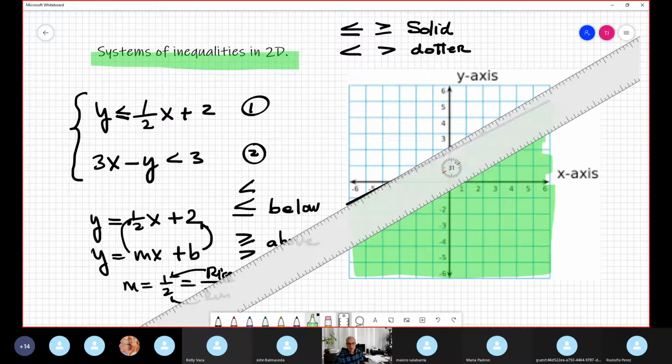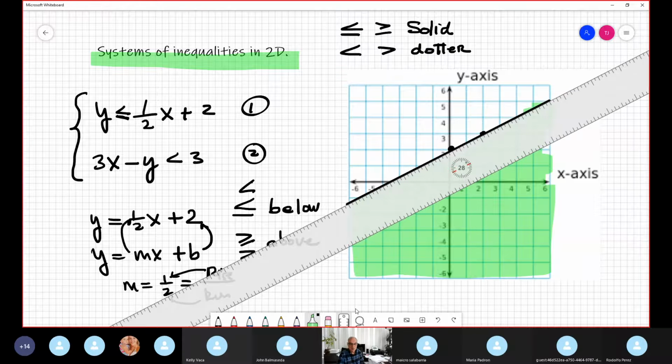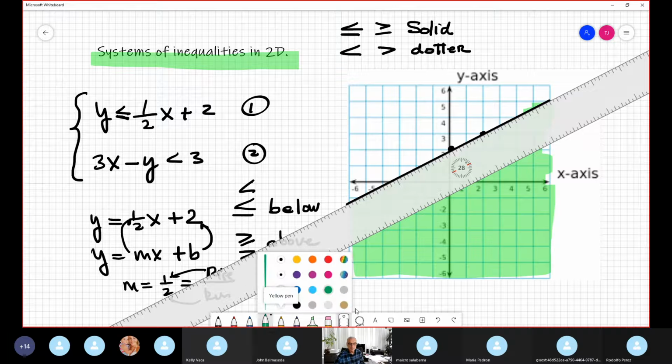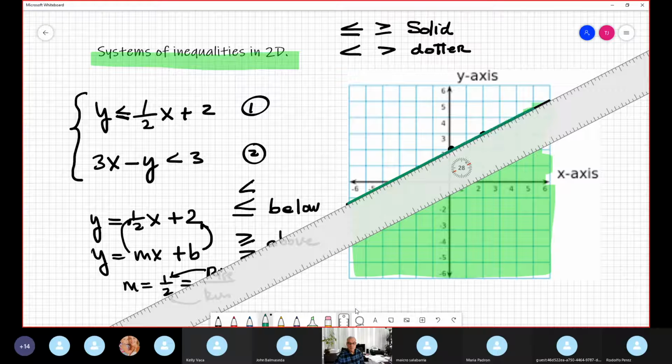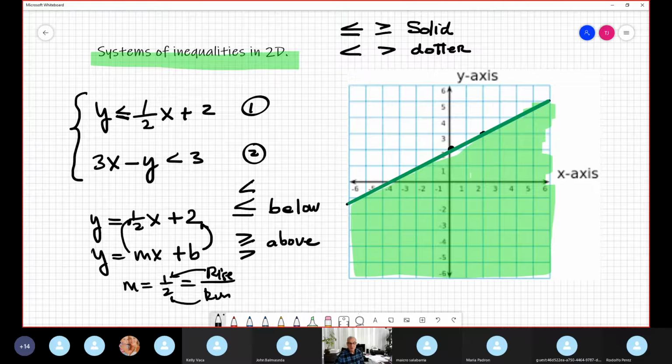Green line. Okay, this is the first inequality. The solution for the first, only the first. The solution for the second, well, let's do it.